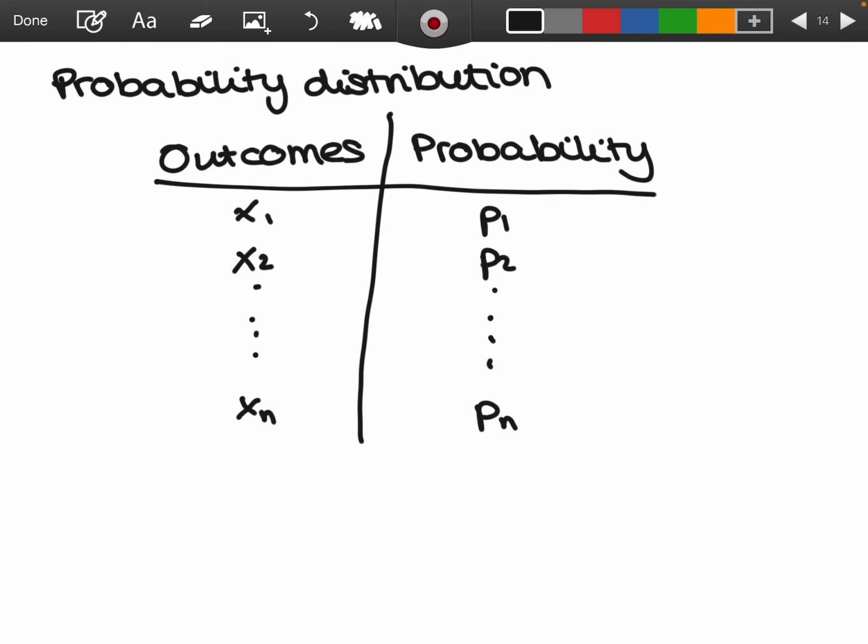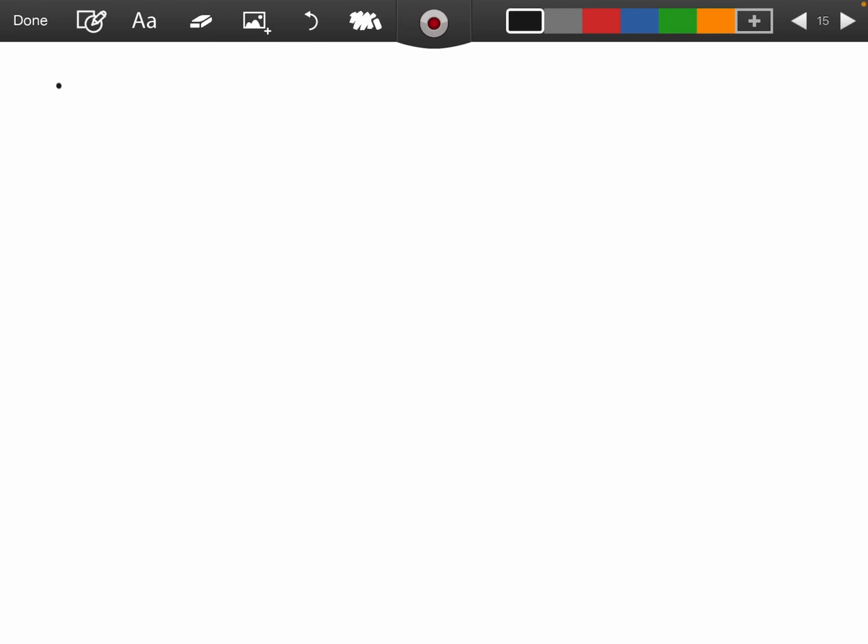But in order for any experiment to be a probability distribution, we have two properties, and they are called the fundamental properties. Fundamental property 1.